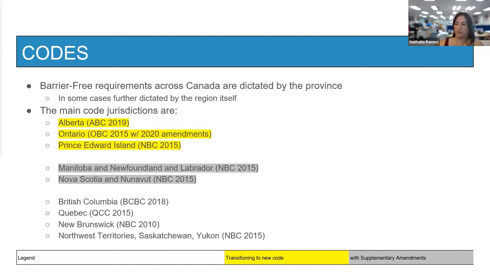Also Nova Scotia and Nunavut, which also have some supplementary amendments. And we have the rest of the building codes across Canada, the BCBC 2018, the Quebec QCC 2015, and the other ones based either on NBC 2010 or NBC 2015.